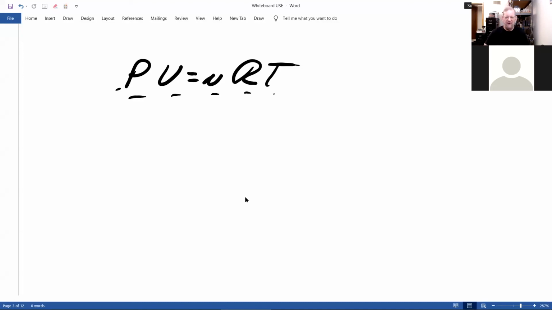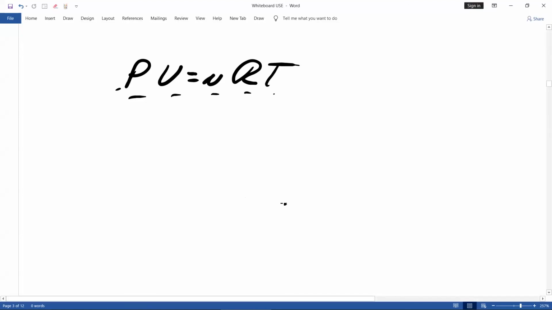Thumbs up, people. Everybody see my whiteboard? Thank you. All right, now, in your tires, the volume stays constant. n is the amount of moles, which is the weight. And R is the universal gas law constant. It's a constant. Well, if overnight the gas in the tires got real cold, the temperature goes down.